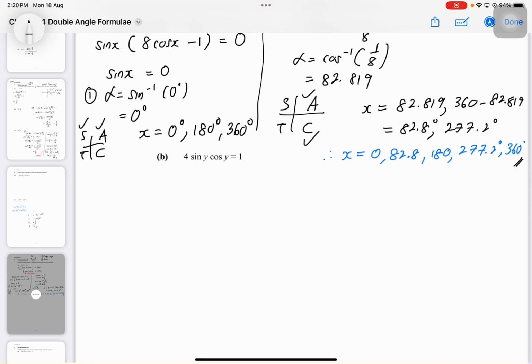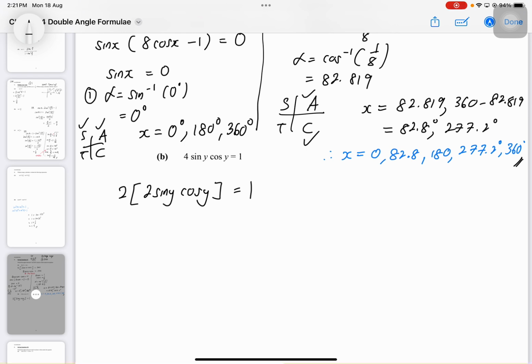Okay, maybe I do one more example for degree, then the radian one, can you try yourself? Okay, 4 sine y cos y equals to 1. Now, here, look a bit like the double angle, but not exactly the double angle. But you recognize there's a sine y, cos y. Can I rewrite it as this? I split the 4 as 2 times 2.